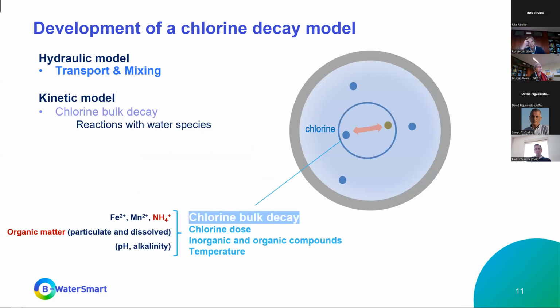And we must build a kinetic model considering the decay of chlorine in the water, considering the reactions of chlorine with water species, in particular reduction species that can be reduced, typically metals, or in the case of reclaimed water, ammonia is very important.